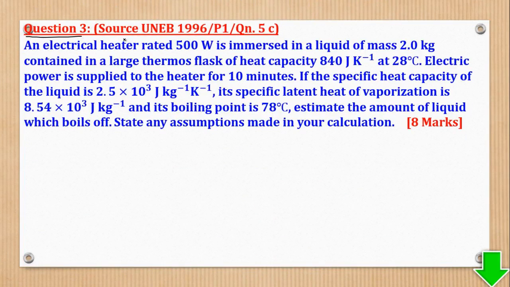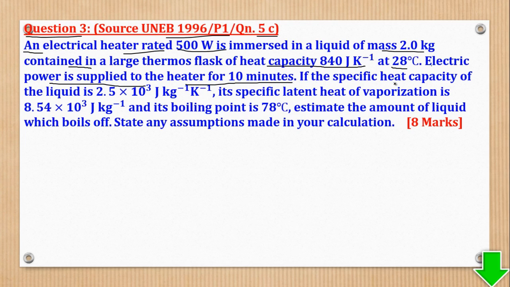Then question 3 came from UNEB 1996, paper 1, question 5C, and it says, an electrical heater rated 500 watts is immersed in a liquid of mass 2 kilograms, contained in a large thermos flask of heat capacity that, at 28 degrees Celsius, electric power is supplied to the heater for 10 minutes.